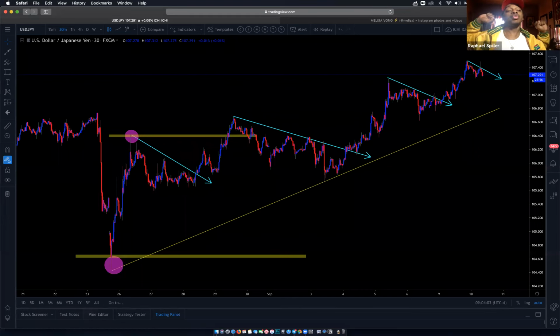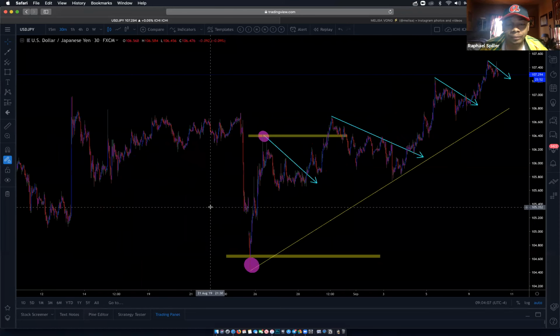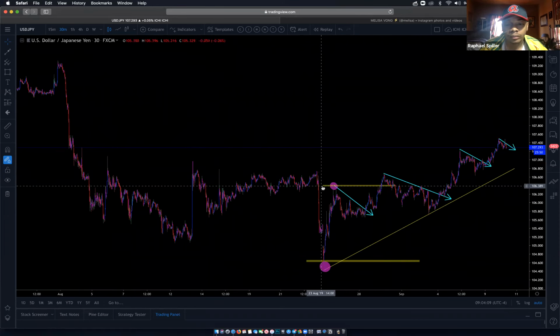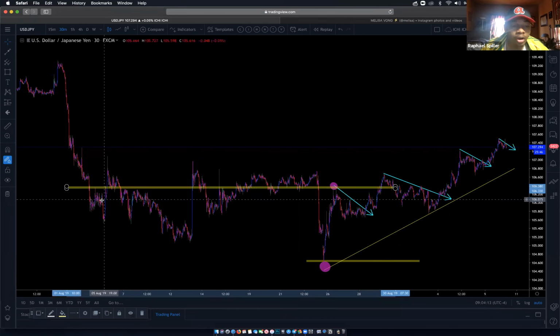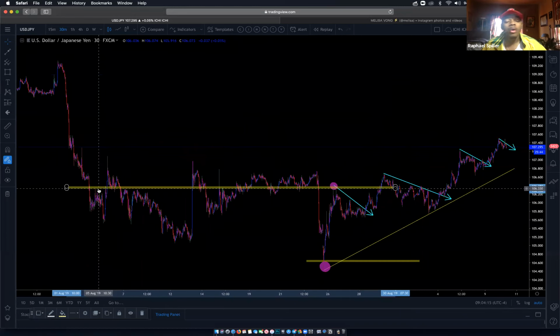As long as it's recent. So in this case, I went all the way back here. I just want to go back as far as me identifying the amount of touches it has had, and identify if it's a strong level or not.